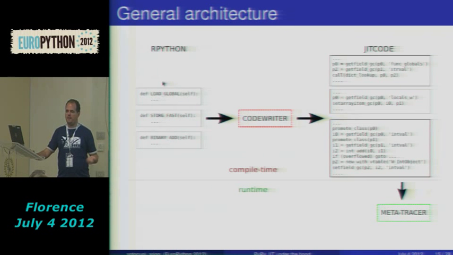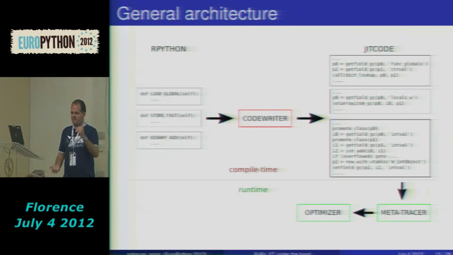Then, when the loop is detected to be hot, the meta tracer kicks in, and it's executing the JIT codes. It's really like interpreting the JIT codes. And while we execute these opcodes one after the other, we record them. This particular step is very slow because it's like interpreting a CPU, more or less. We are really at this low level, but we do it only for one iteration of the loop.